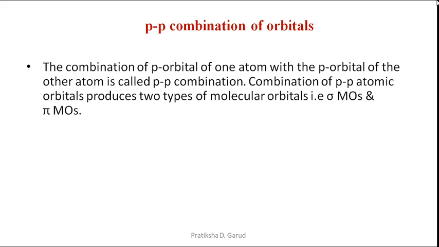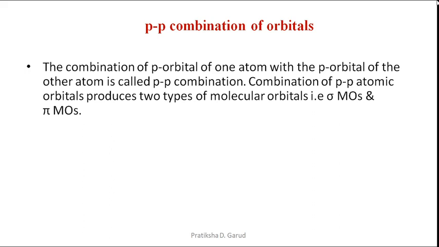the pp combination. But here, as we know that in p orbital, between two p orbitals, they either join along the nucleus or the axis of the nuclei, or they undergo lateral or sidewise overlap. That means there is either the formation of the sigma bond or the formation of the pi bond.